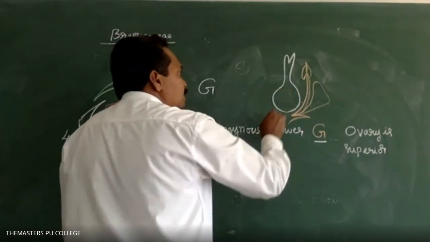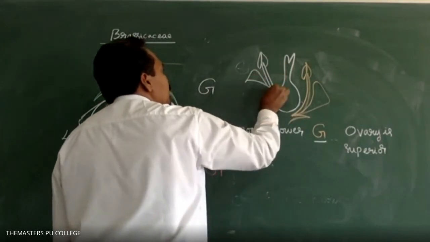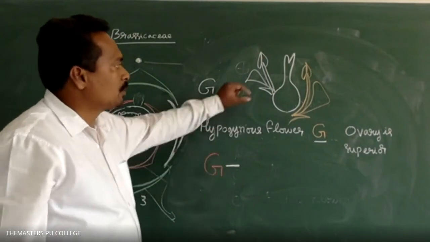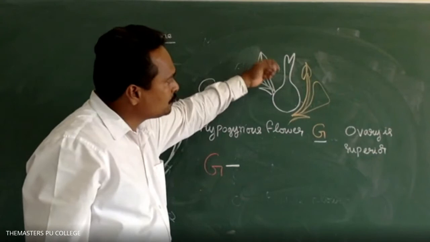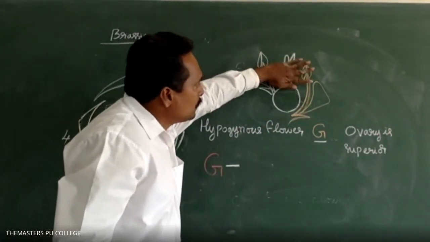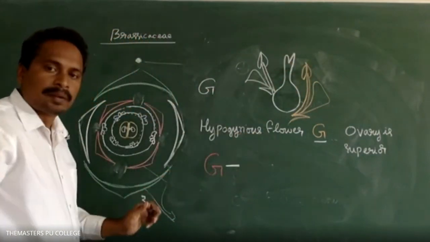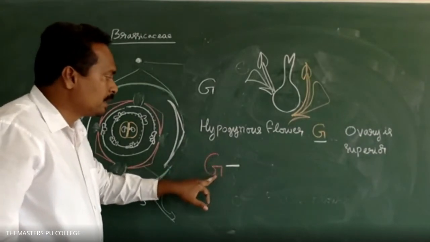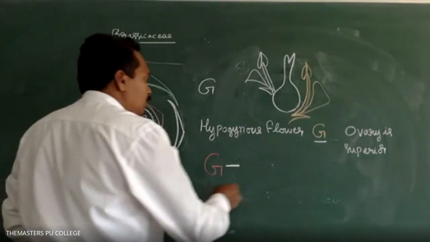In the perigynous flowers, the stamens, petals, and sepals are arranged from the middle of the ovary, meaning the ovary is half superior, half inferior. So that's indicated through this symbol.